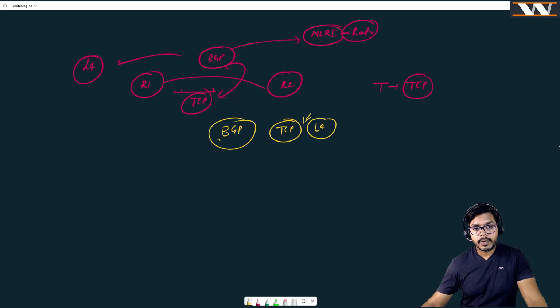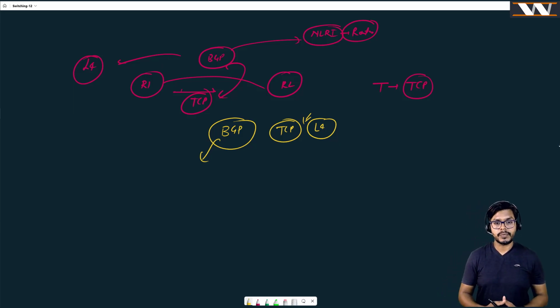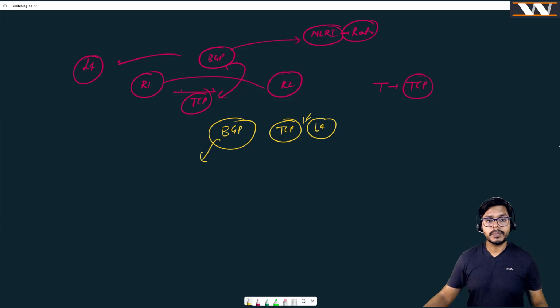The identity of a protocol is what it is actually doing. The sole problem BGP is solving is to let us know about the routes in the network. It is solving the problem at layer 3. I would say it's a layer 3 problem.